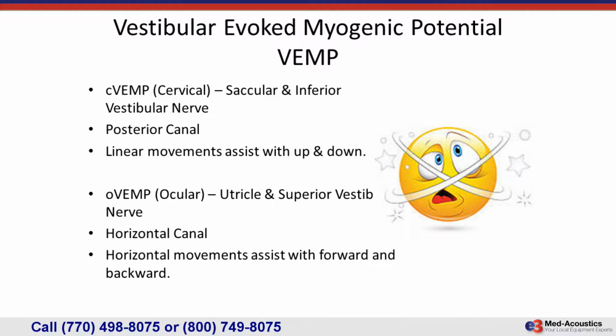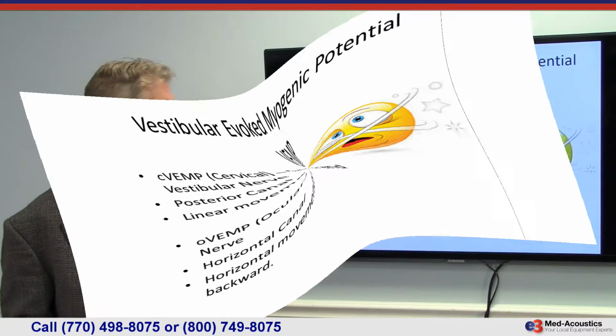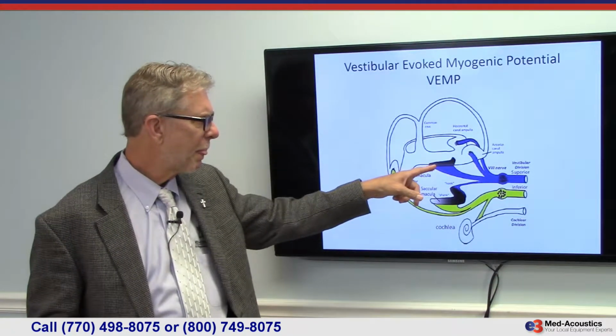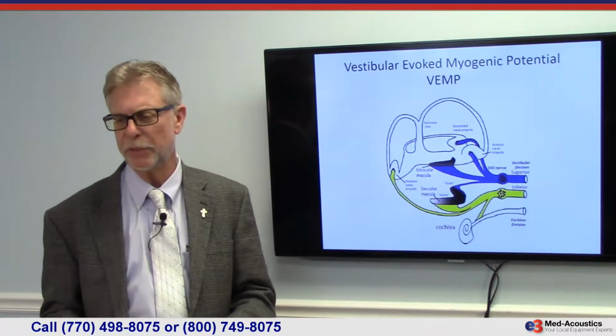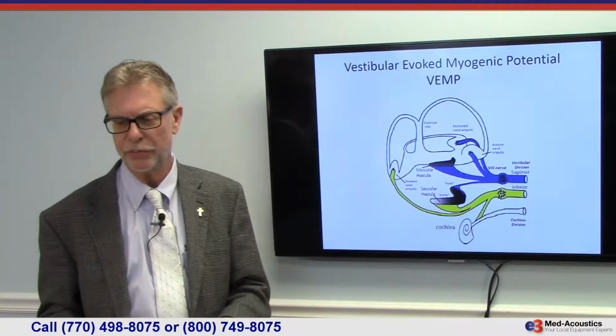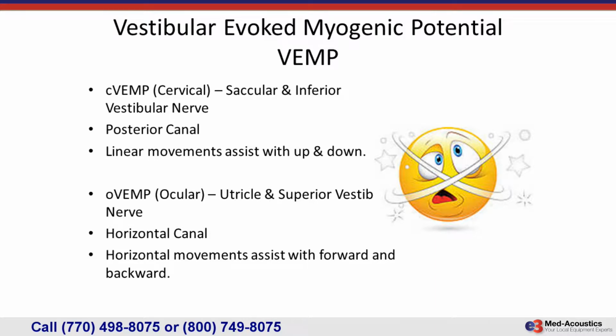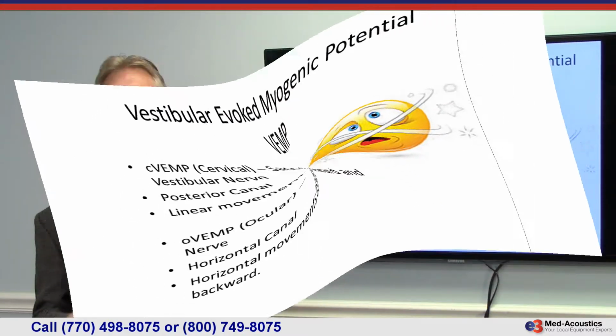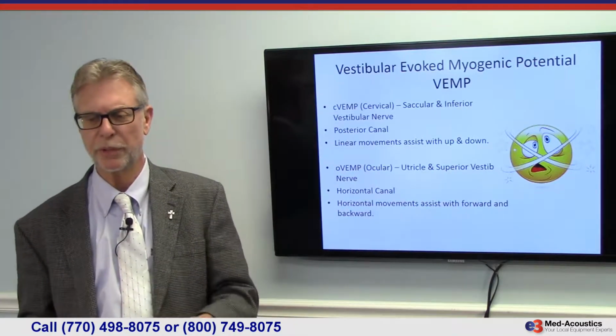O-VEMPs, on the other hand, the response originates not from the saccule, but from the utricle, and it's mediated by the superior nerve rather than the inferior vestibular nerve. And the connection is with the horizontal canal, okay? And so something that's going to be important here is horizontal movements of the patient and assisting them with forward and backward motions for physical therapy.